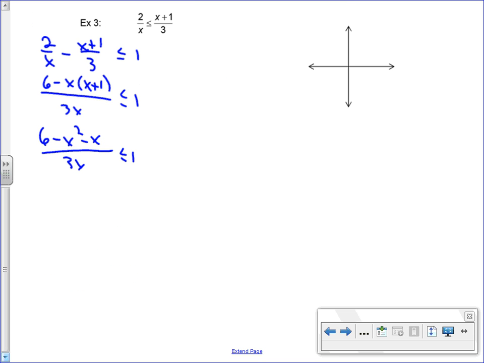And I'm going to write that this way. And then you need to factor that. It's quadratic.